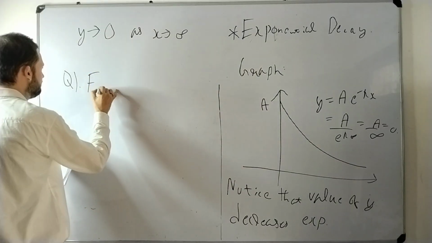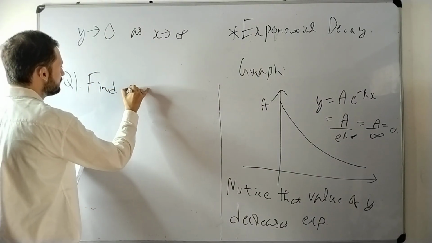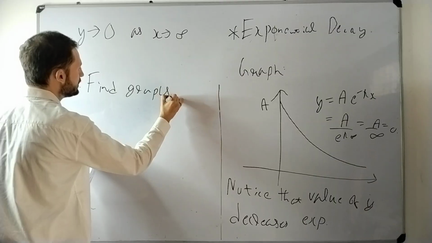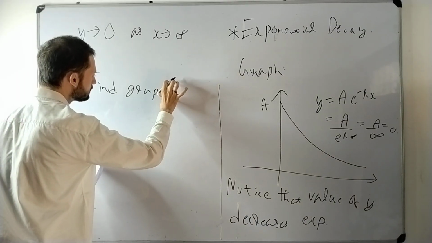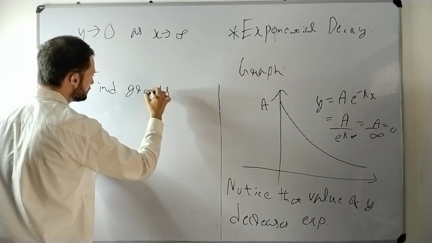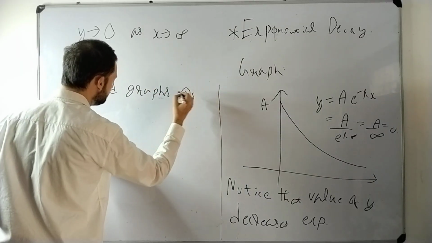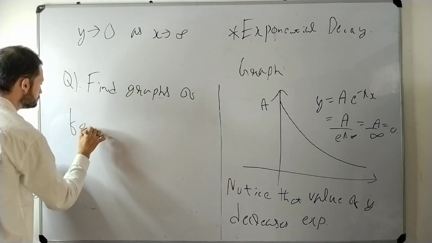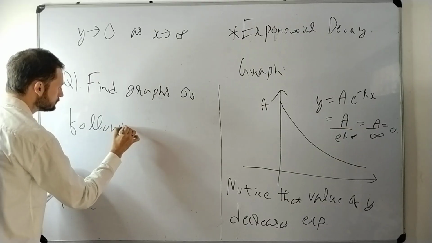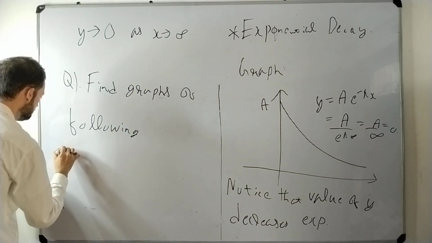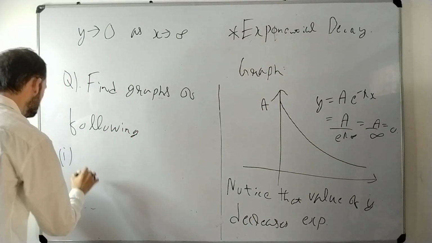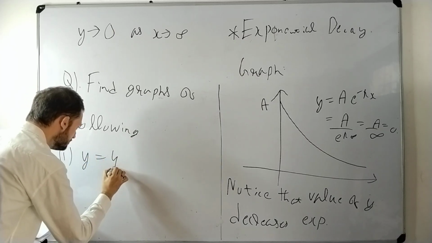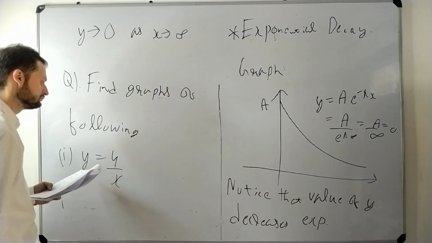Find graphs of the following. First is y equals 4 by x.